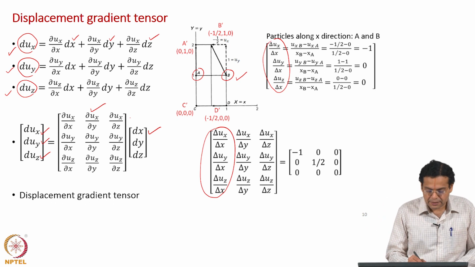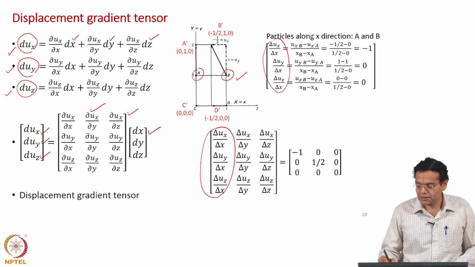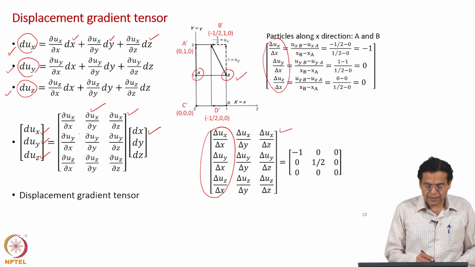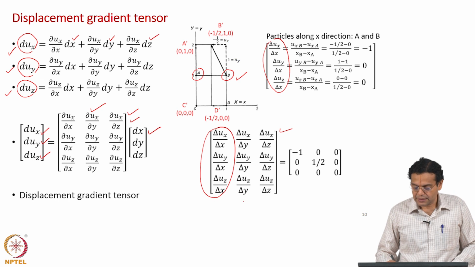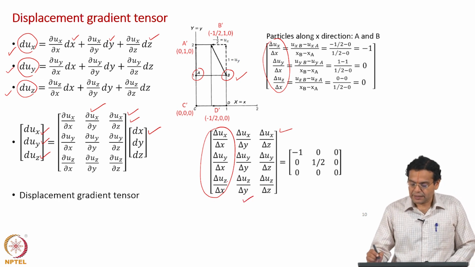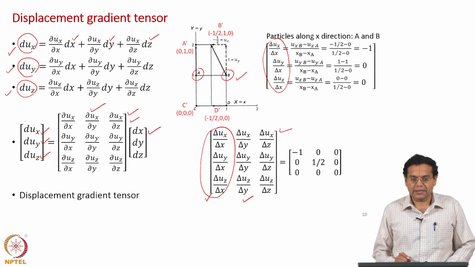Of course, later on we wrote this difference in terms of differential. Now, compare this displacement gradient tensor and this tensor, they are both the same. That is why we collected all those terms, all those values, and wrote them as a column rather than a row entry in this particular matrix or tensor.